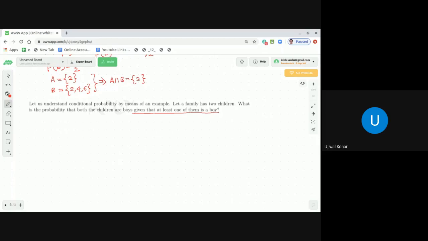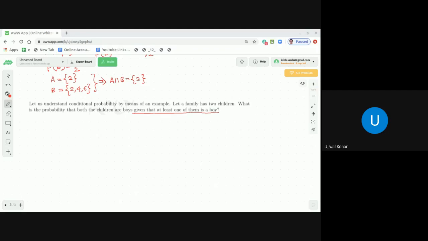There you don't need to apply conditional probability. But given that at least one of them is a boy, that leads to the concept of conditional probability. Let us understand this problem.